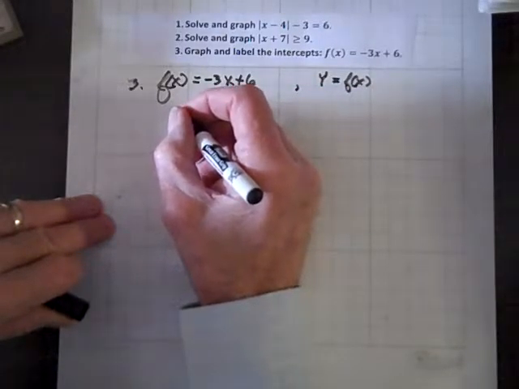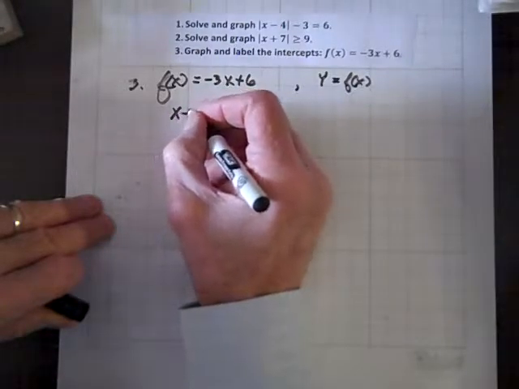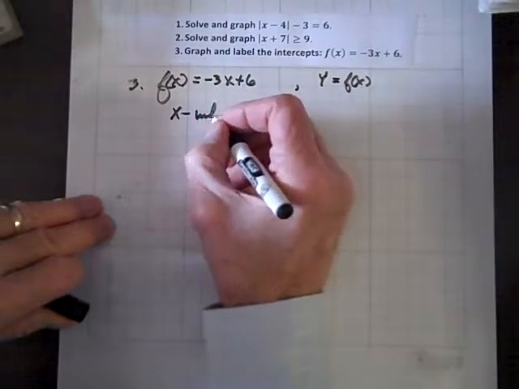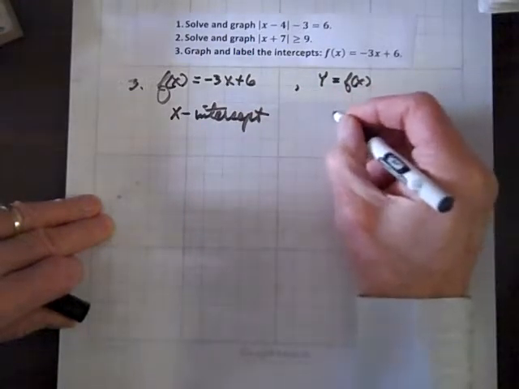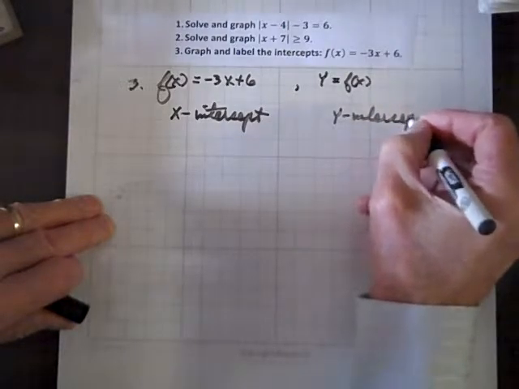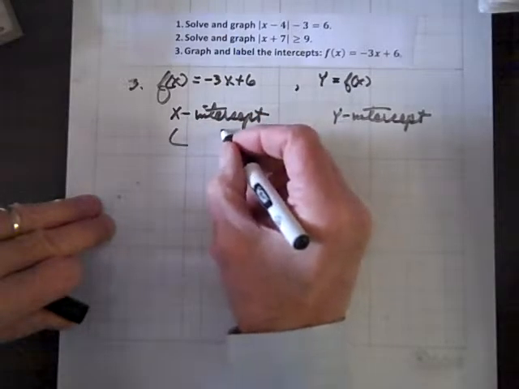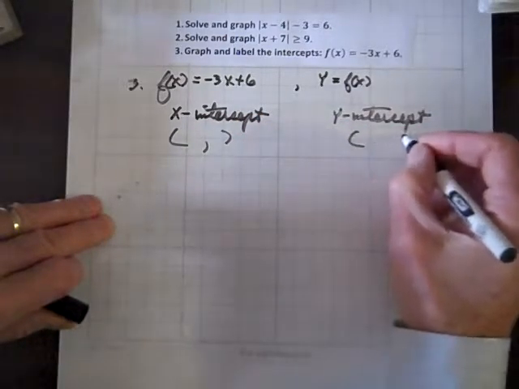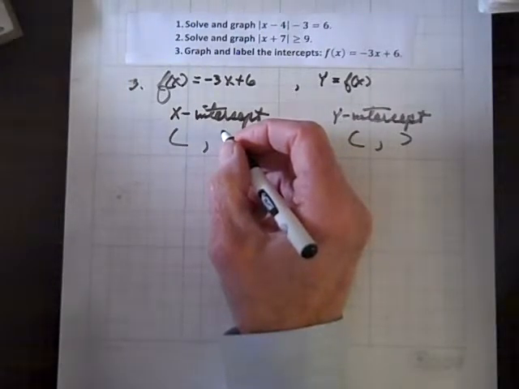Now we're going to need the intercepts, so we're going to need to find the x-intercept, and we're going to have to find the y-intercept. So let's do that right now. So ordered pairs. Now what's the y-coordinate for any point on the x-axis?